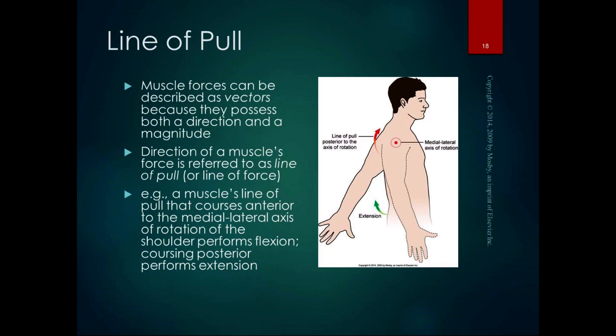And then based on that, what motion does it perform? We could think of the anterior deltoid as an example of a muscle that courses anterior to the medial-lateral axis of the shoulder, and it performs shoulder flexion. The posterior deltoid, posterior to the medial-lateral axis, performs extension.